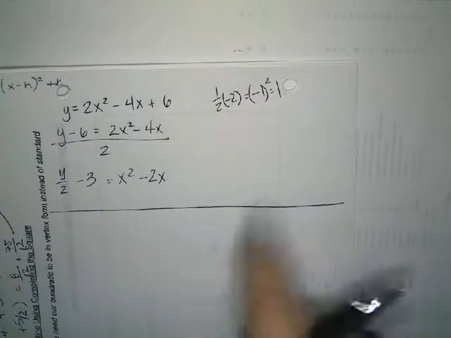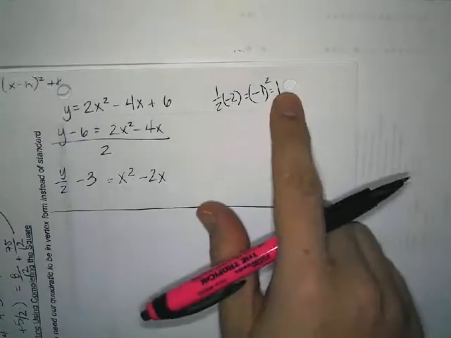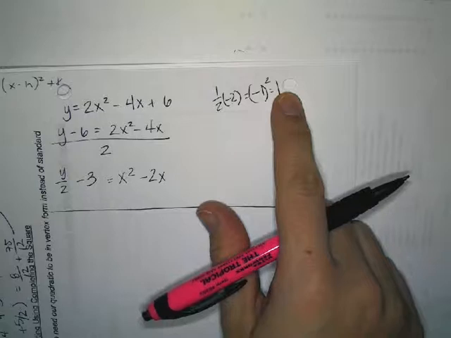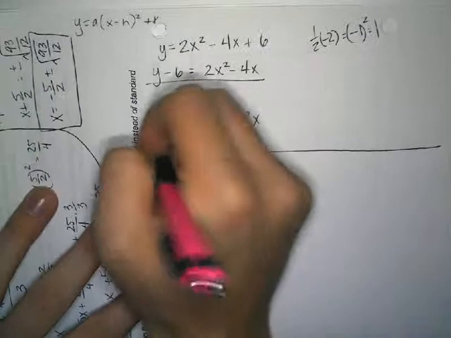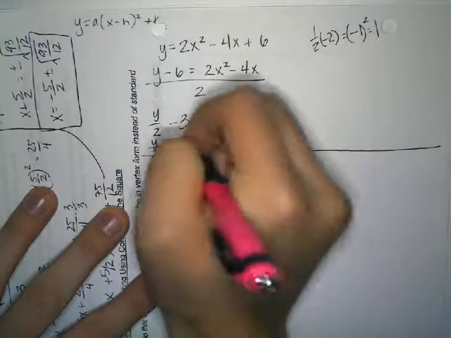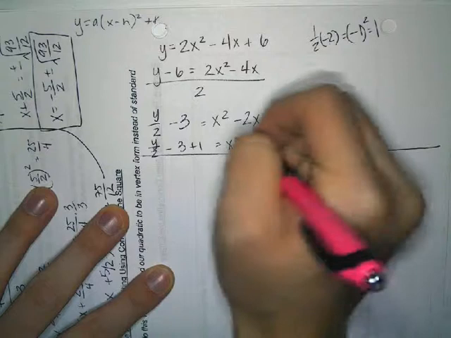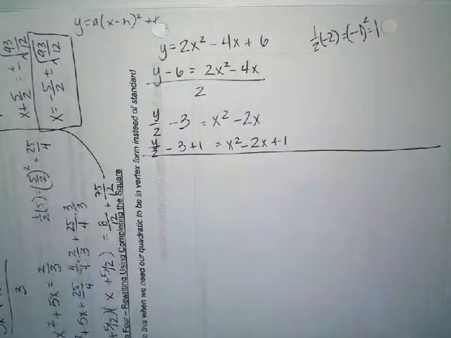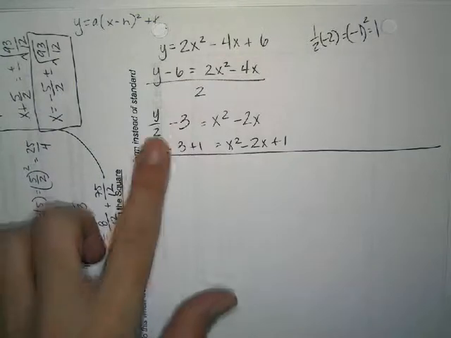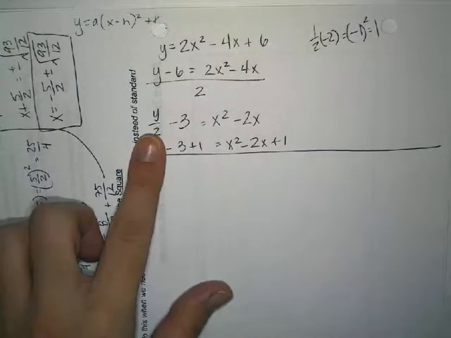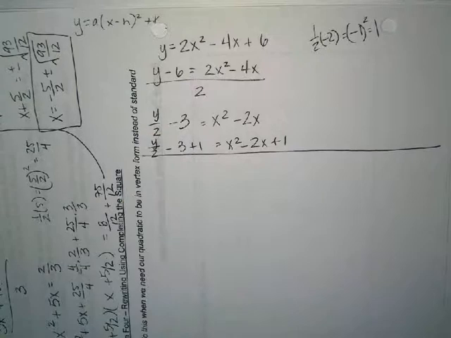And then I have to take 1 and do what with it? Add it to both sides. And so that's exactly what I'm going to do here. I'm going to add 1 to both sides. Again, this is exactly what we've been doing before, just normally we don't have that part of it. But it's okay to have it there, because our goal is different.